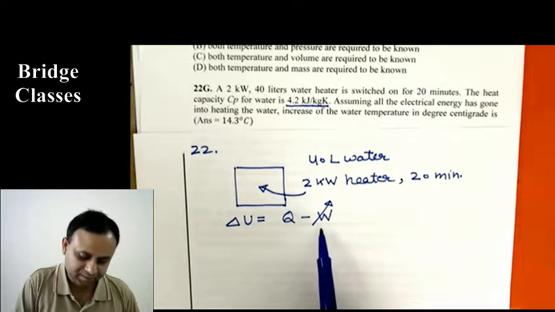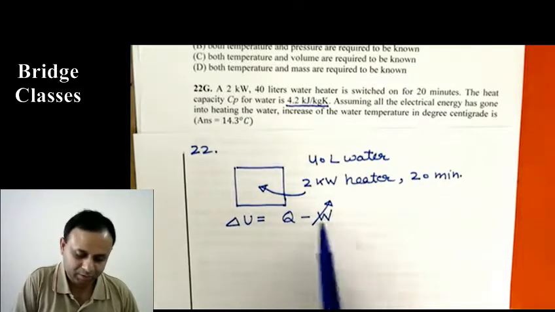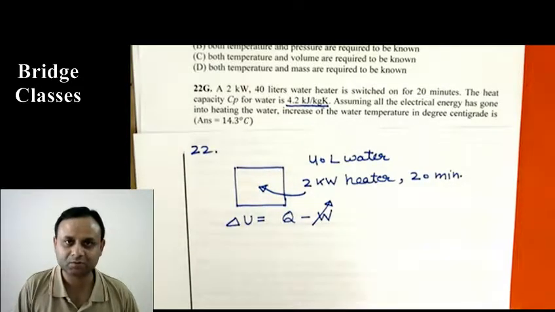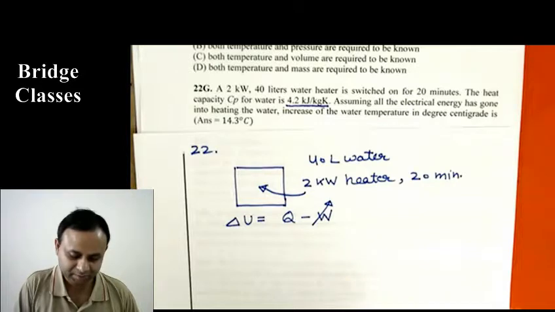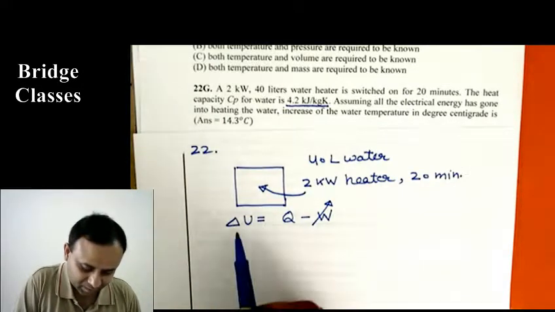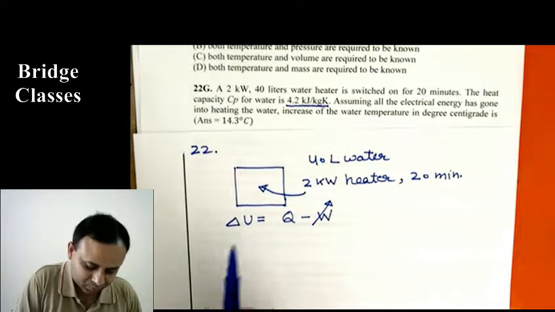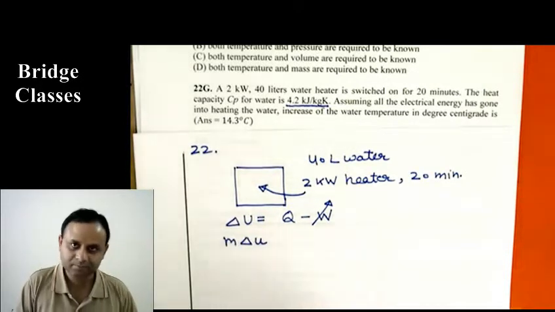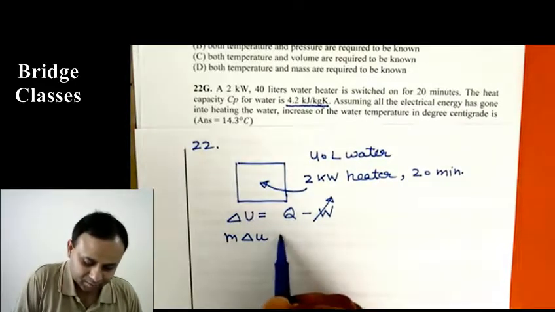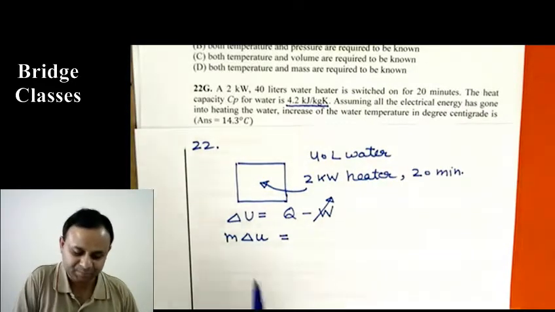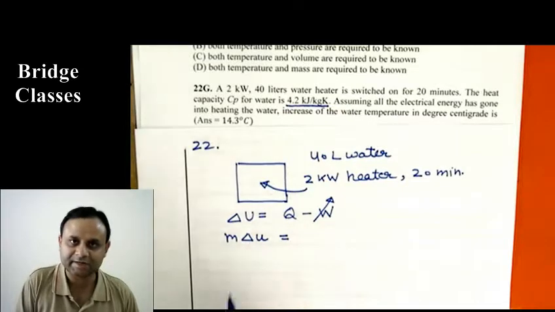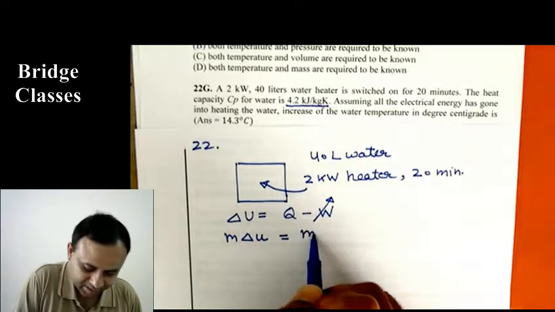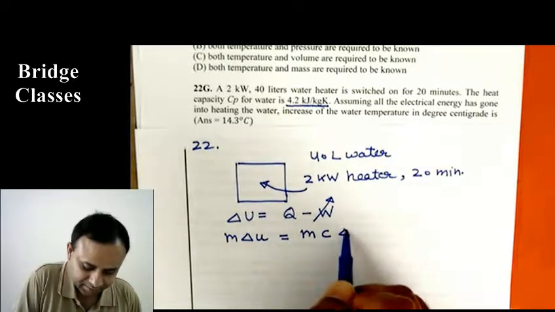Actually this work is zero is true if the process is a constant volume process, because I'm making this assumption it is a constant volume process. Now this delta U, which is m delta u, and taking water as incompressible, delta u is C delta T. For an incompressible substance, it is C delta T. So it will be m C delta T.